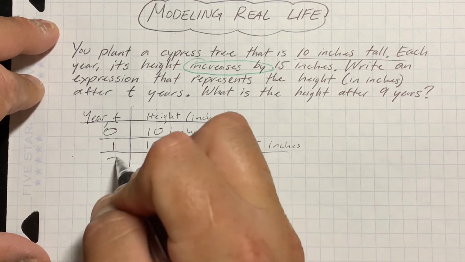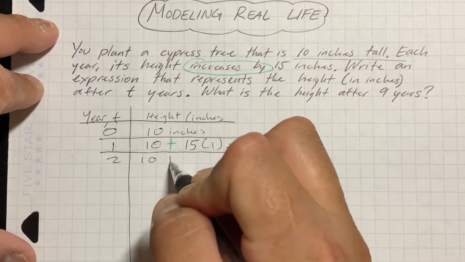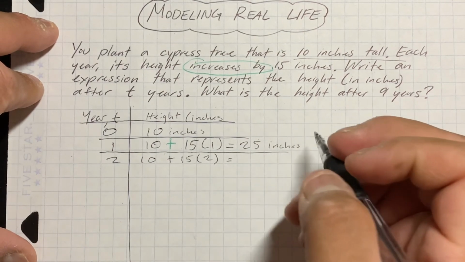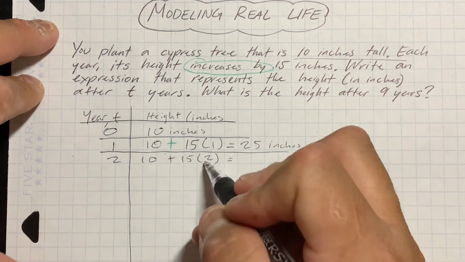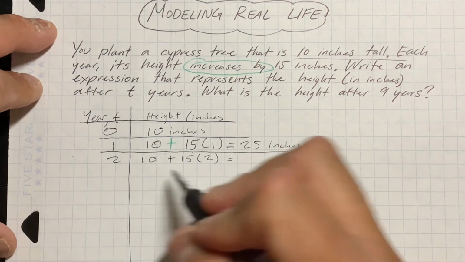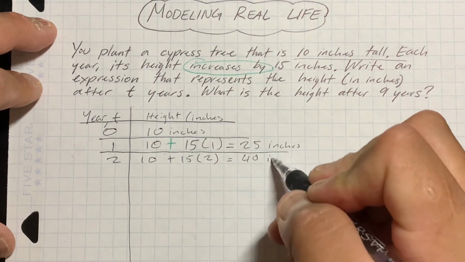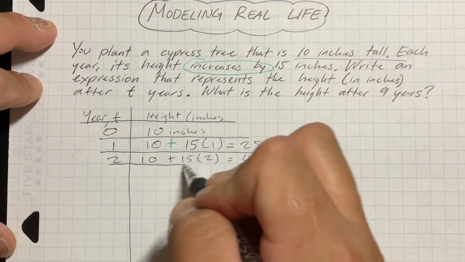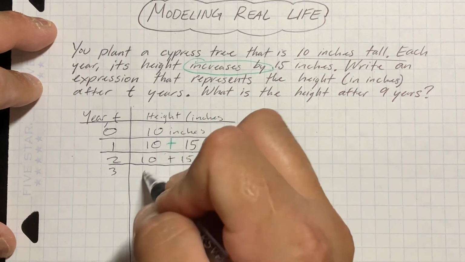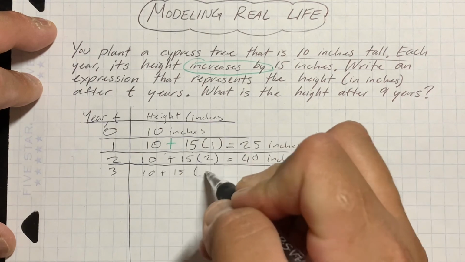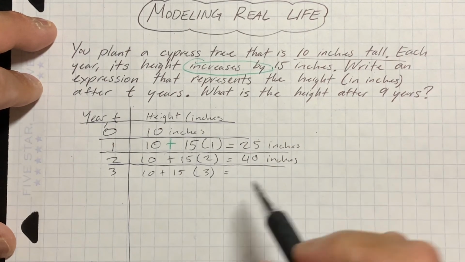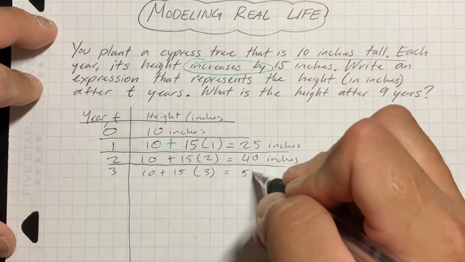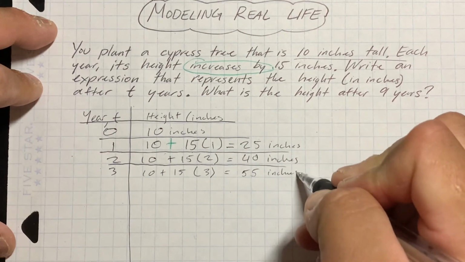After 2 years of having it, 15 times 2 is 30, 30 plus 10 is 40. After 2 years, it'll be 40 inches tall. After 3 years of having it, you see a pattern developing? 15 times 3 is 45, plus 10 is 55 inches tall.